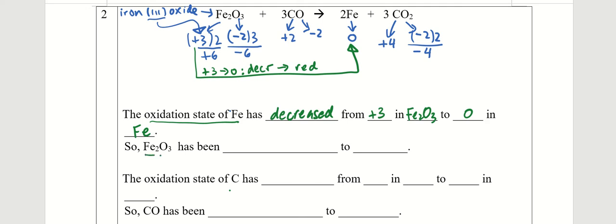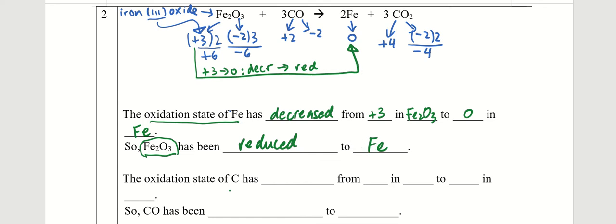So we say that Fe2O3, or iron(III) oxide, has been reduced to iron. Notice that we say the entire compound has been reduced to iron. And notice one more thing, we do not say iron(III) oxide has been reduced to 2 iron, which is the ratio in front of the iron. We do not write this down. We just write it has been reduced to iron.